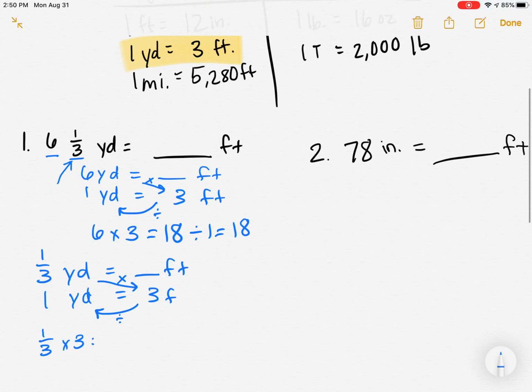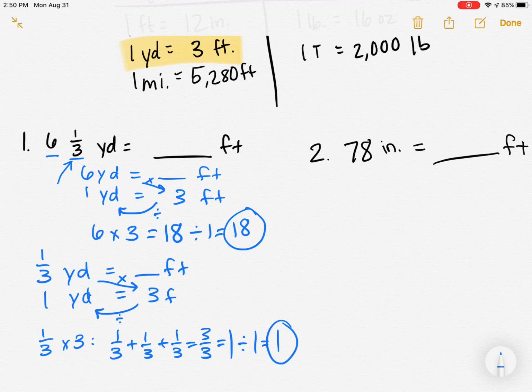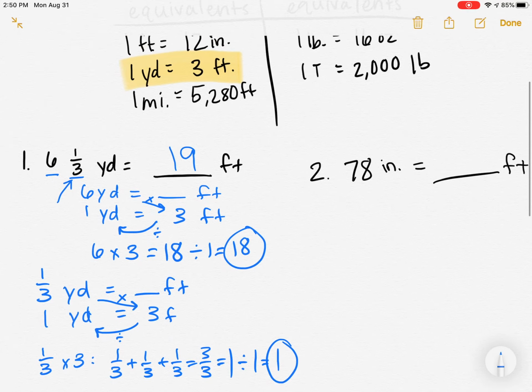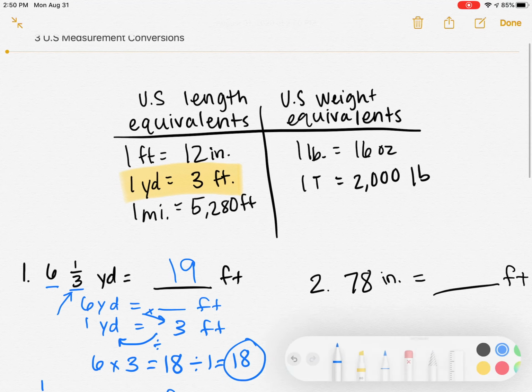I know that 1/3 times 3 is the same as adding 1/3 3 times. 1/3 plus 1/3 plus 1/3 is equal to 3/3, which is also equal to 1. Now we just need to divide by 1, and that gives you 1. 18 plus 1 is 19, so our answer is 19 feet.